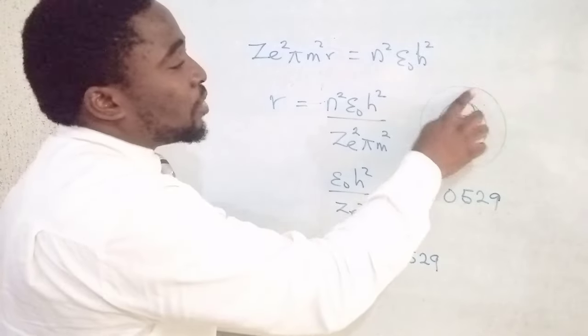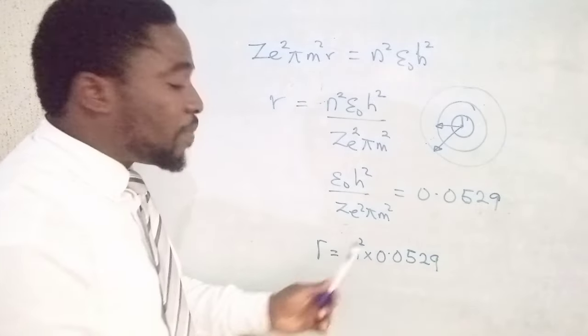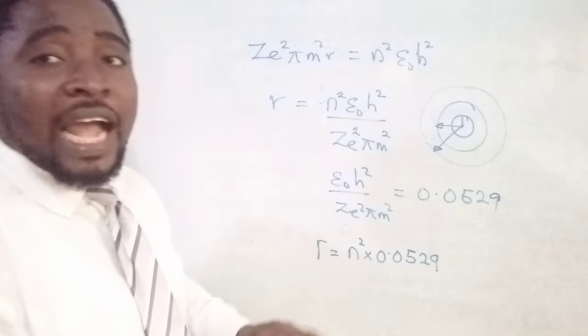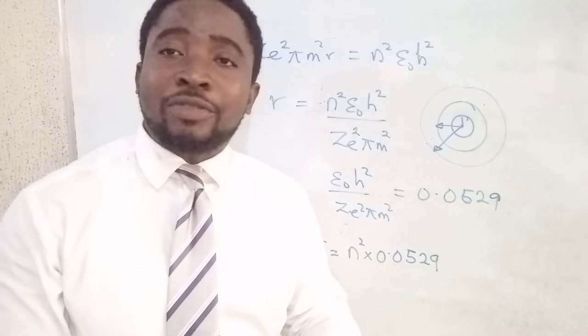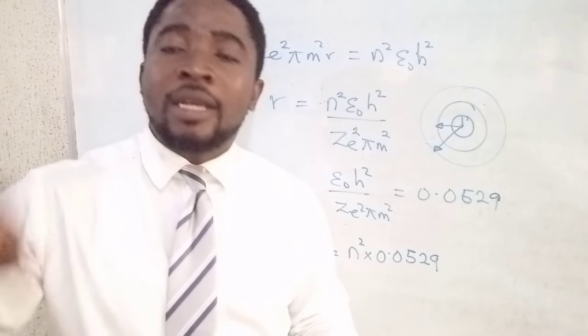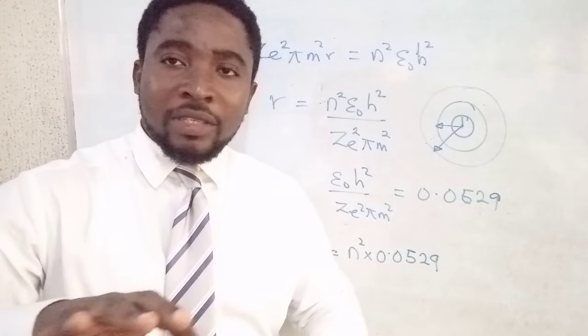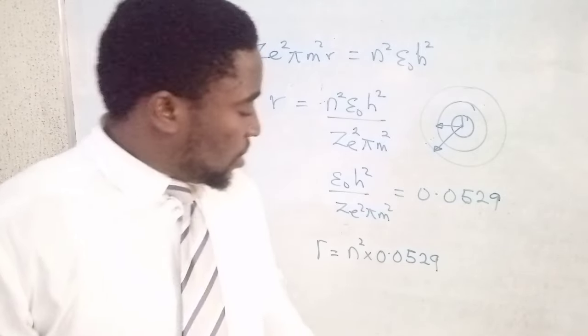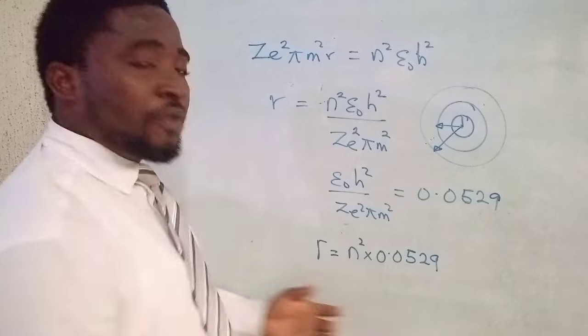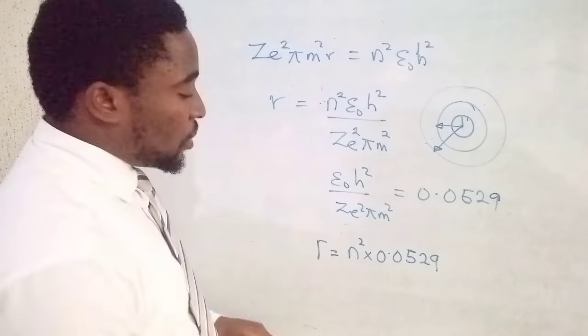So the radius keeps increasing as the quantum number increases. So that gives an idea that electrons exist in certain energy states or stationary states. They are not in the same energy level, okay? So this is an idea of what the Bohr's radius is all about.